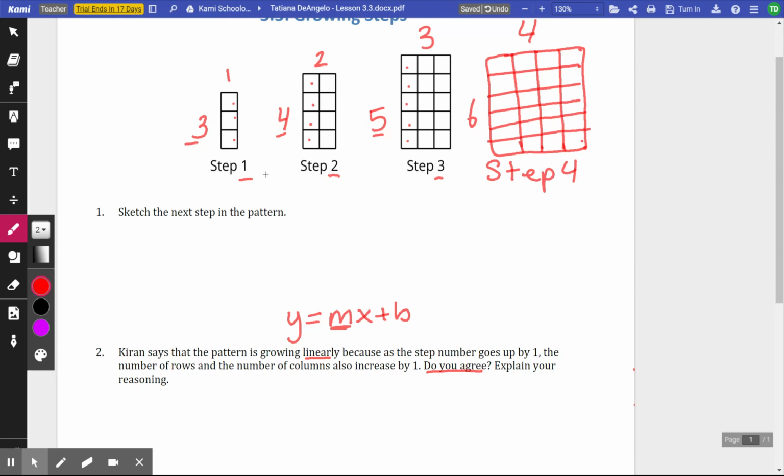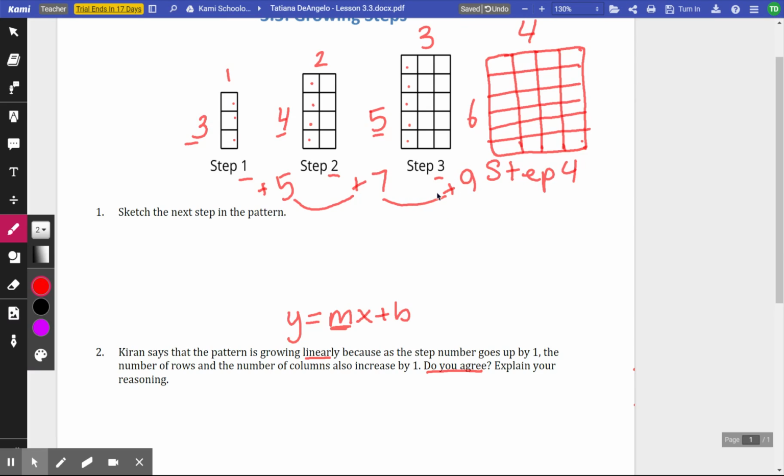So now I go from 3 to 8 small squares, so that means I went up by 5. I go from 8 to 15 small squares, so that means I went up by 7. I go from 15 small squares to 24, so that means I went up by 9. So as you see, it's not increasing at a constant rate each time.